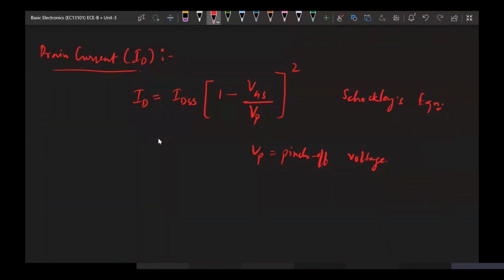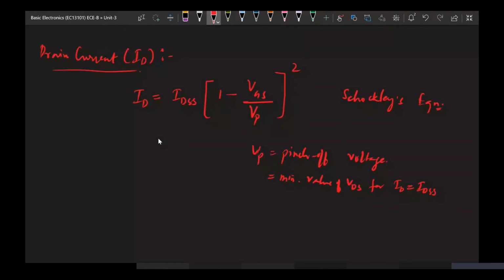Pinch off voltage is the point after which the current becomes constant in JFET, or this is the minimum value of VDS for ID to become equal to IDSS. So what is the minimum value of VDS at which the ID becomes IDSS? That will be your pinch off voltage.